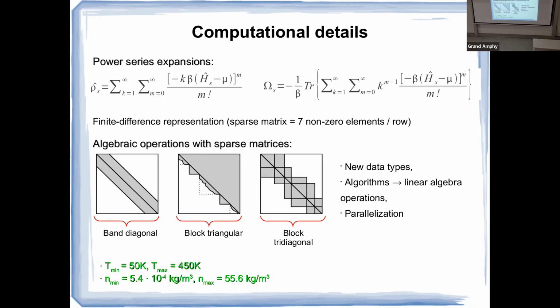Most techniques in the literature to deal with sparse matrices assume a certain distribution of these non-zero values. And this is not the case here. So the scheme relies on a very heavy computational implementation, because we have to define new data types and implement all the linear algebra operations with these special objects.